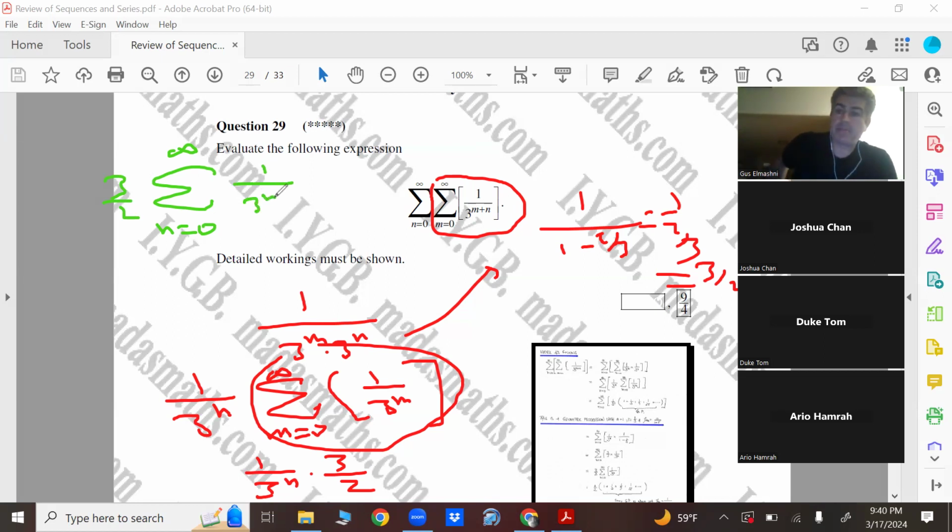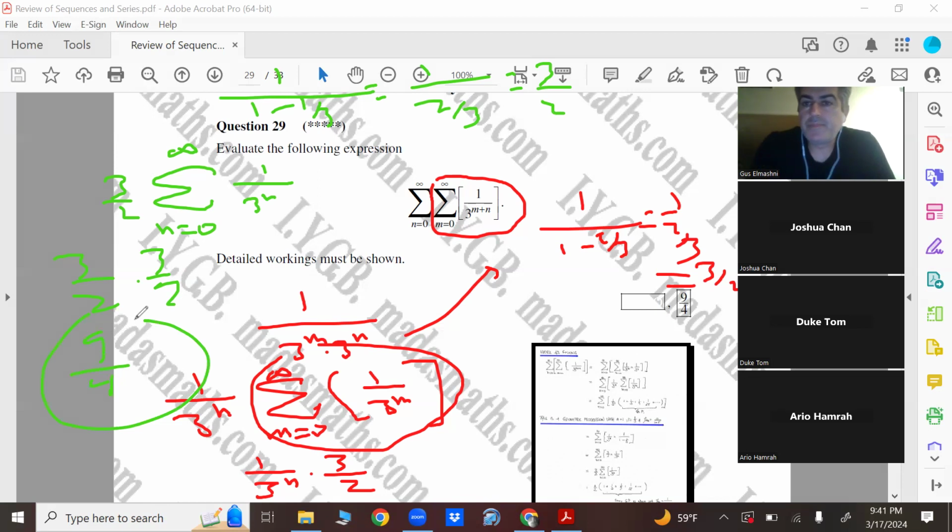Same thing, obviously: the first term is 1, the common ratio is 1/3, so you're doing 1 over 1 minus 1/3, which is 3/2. So 3/2 times 3/2 is 9/4. There you go. Just 9/4.